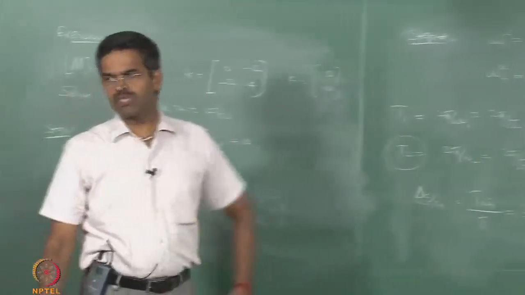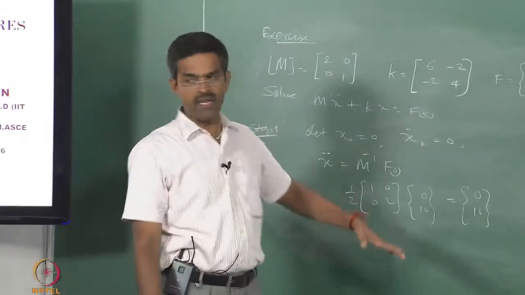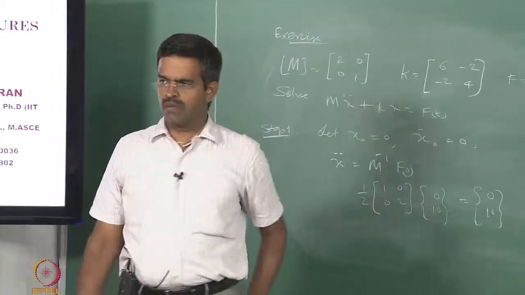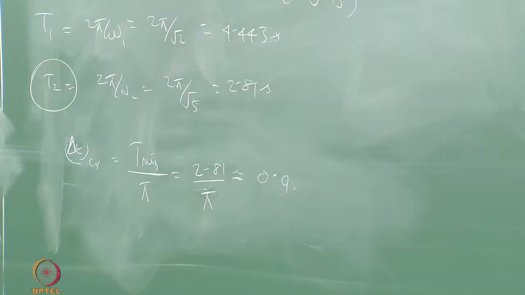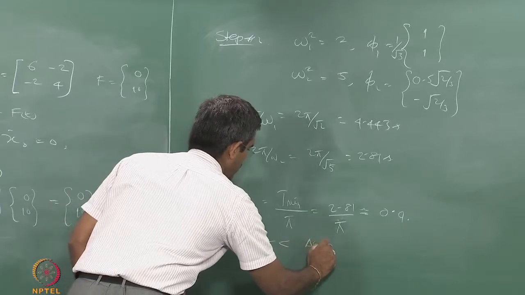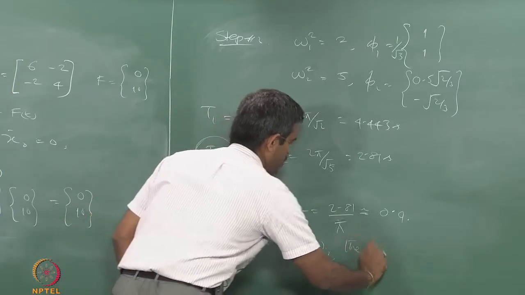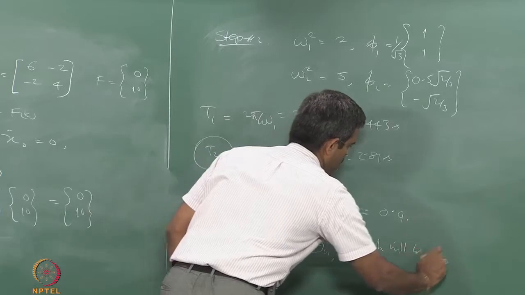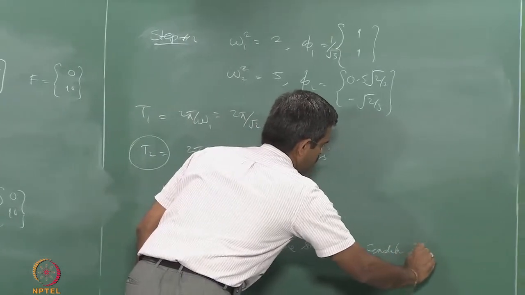So, my delta T should be lower than this. If it is, it will give me an unconditionally stable converged value. So, for delta T lower than delta T critical, the solution will be conditionally stable.